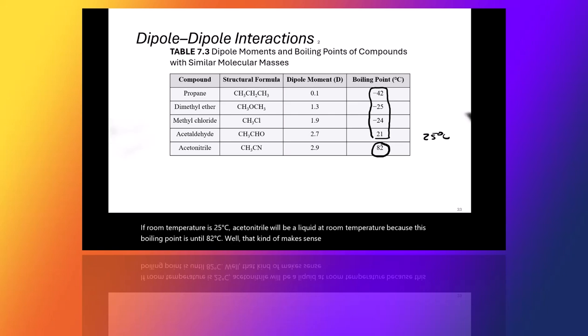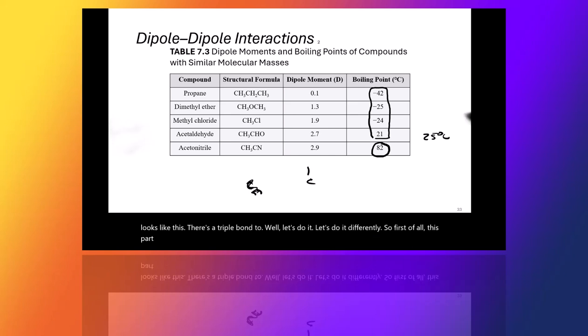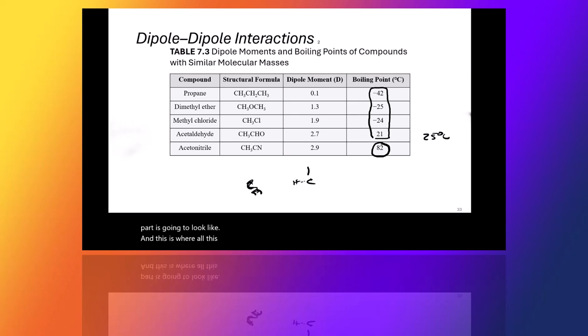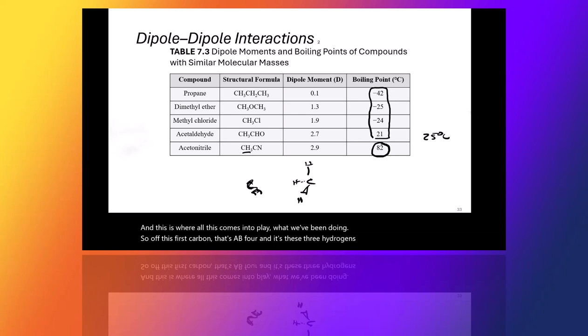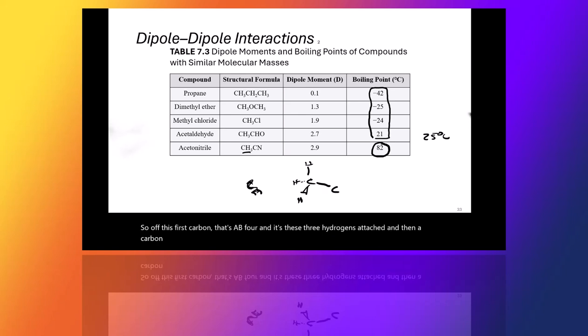Let's look at acetonitrile. It looks like this. There's a triple bond to, let's do it differently. So first of all, this part is going to look like, and this is where all this comes into play, what we've been doing. So off this first carbon, that's AB4, and it's these three hydrogens attached, and then a carbon attached here, so I got a solid line there.